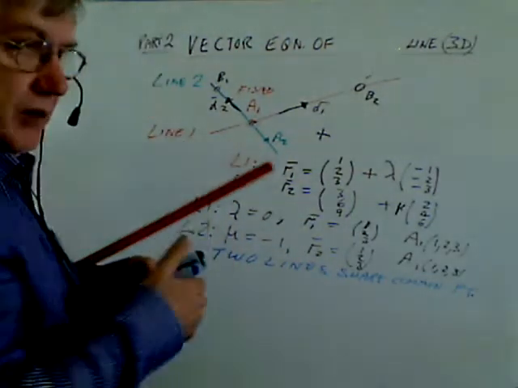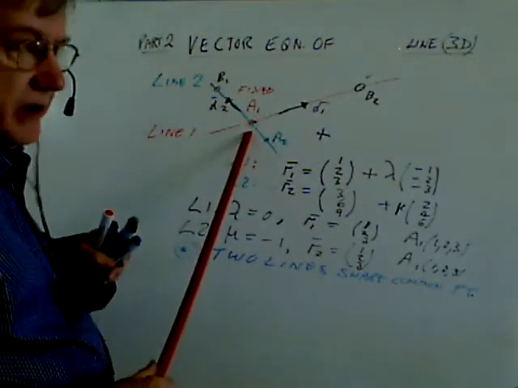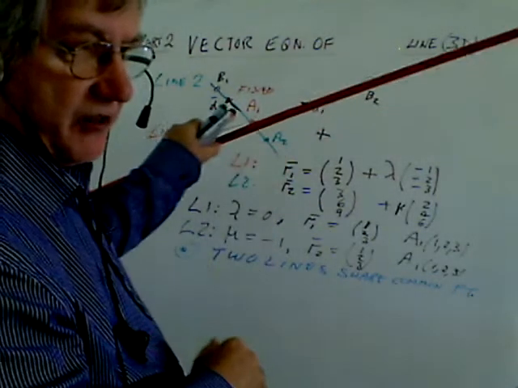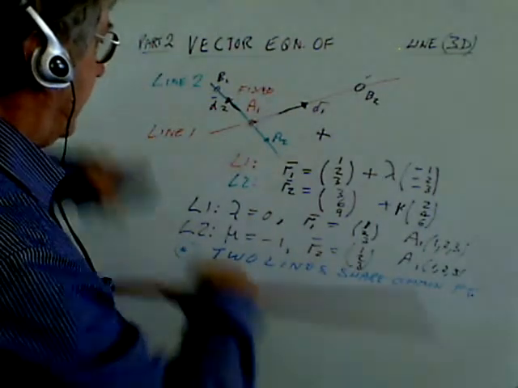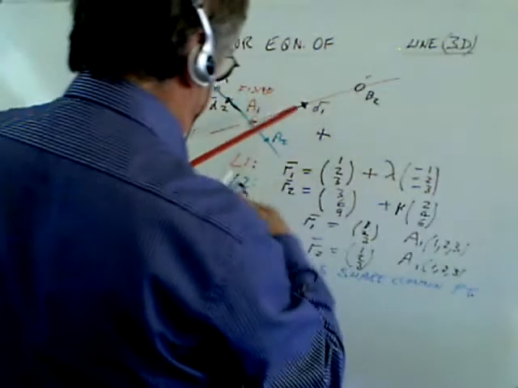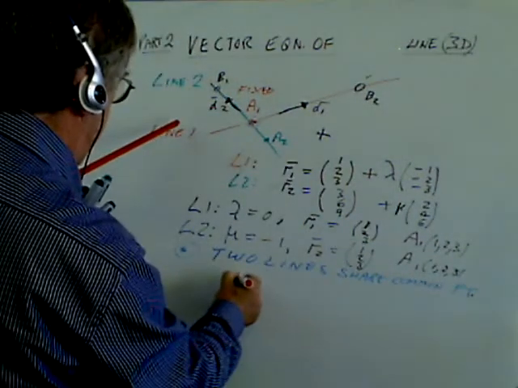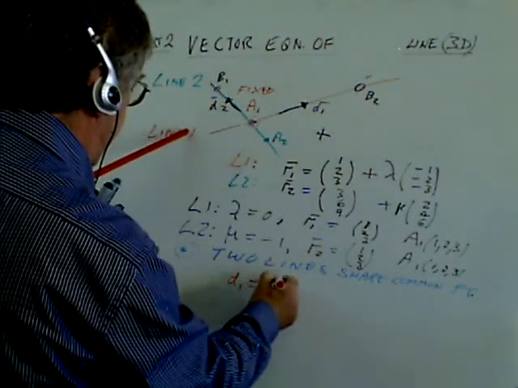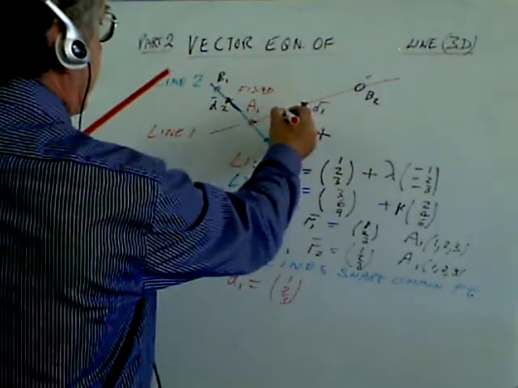But that isn't all the conditions. Not only have they to share the same common point, but they also have the same direction. Now the direction D1 of the red line is given by this vector here. So D1 for the red line is actually just (1, 2, 3), and that's that direction there.